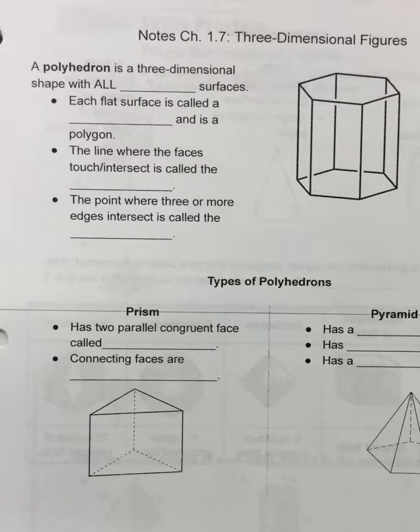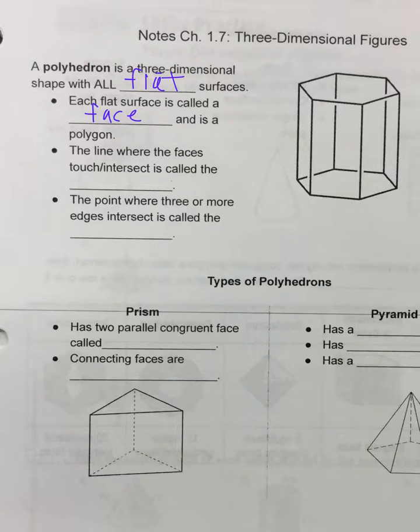We are going to review 3-dimensional figures. A 3-dimensional figure in geometry is called a polyhedron. And a polyhedron is a shape with all flat surfaces. Each flat surface is called a face, and it's a polygon.